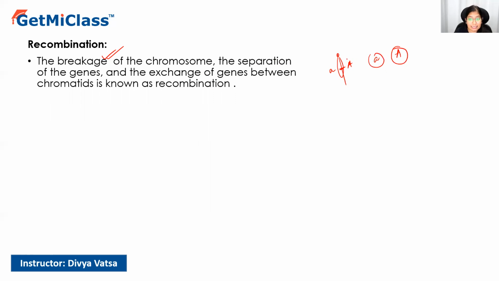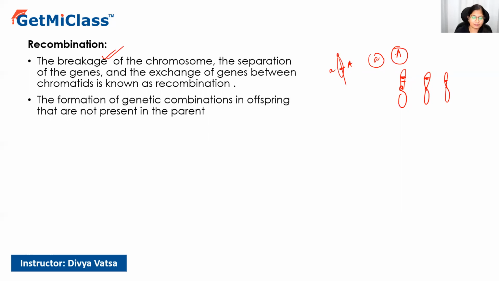Genes will also break. Suppose in this chromosome here is the gene for eye color, and here is the gene for hair color. Mostly they go hand in hand, but sometimes they get exchanged. Maybe in the next generation, the eye color gene goes to one person and the hair color gene goes to another person. This is called recombination.